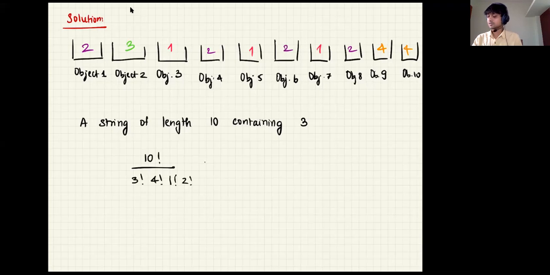So essentially it is the same as, first I choose 10C3 positions for 1, then I choose 4 positions for 2, and then I choose out of the remaining 3, 1 position for 3, and then 2C2.